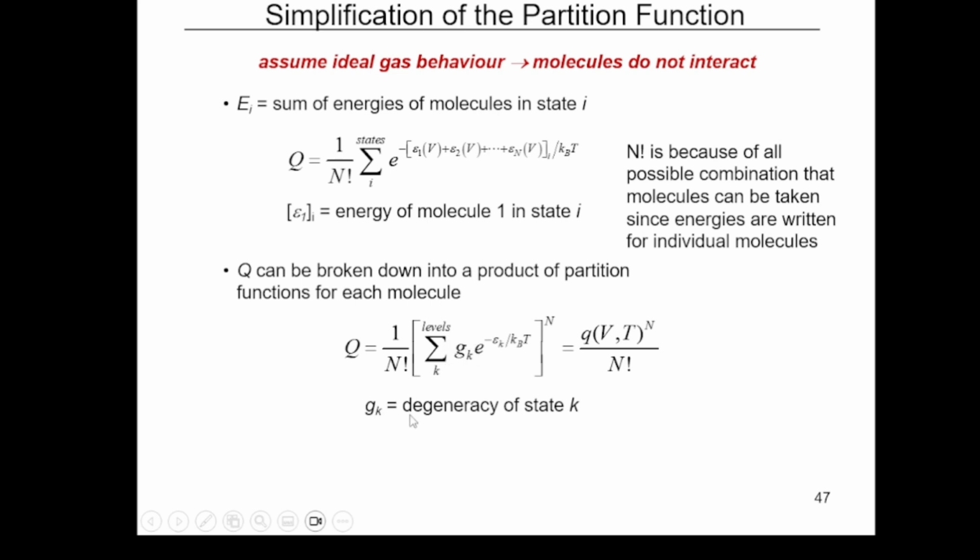So gk describes the degeneracy of state k, and it can be summarized as small q for an individual molecule as a function of V and T to the power N divided by N factorial. This power N is coming because we have N number of molecules. And now your partition function for the bulk can be written as the partition function for individual molecules as a function of volume and temperature to the power N over N factorial.